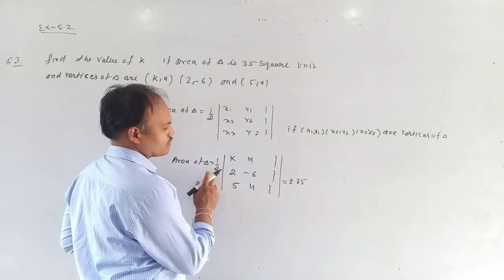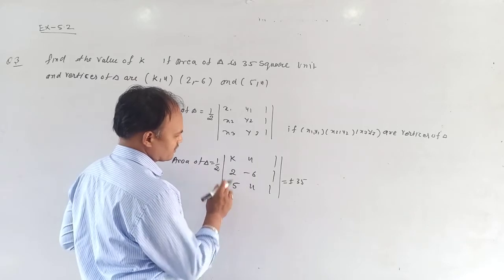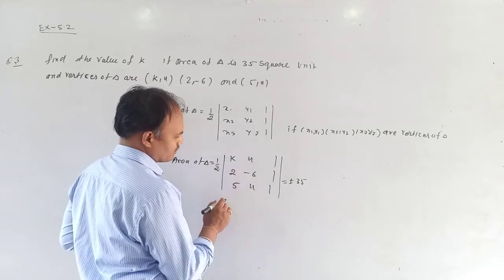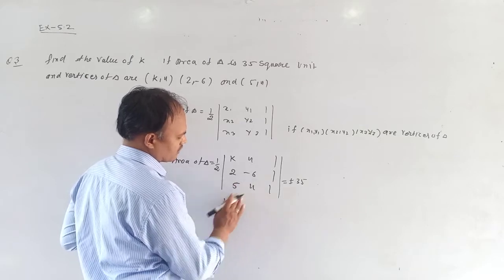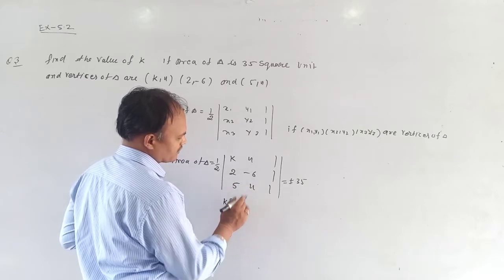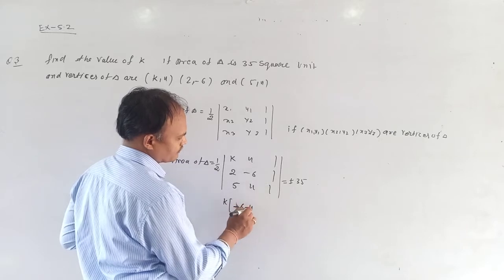Now take 2 to other side, and now we are going to solve this. So we can say that k times (minus 6 minus 4). When we are using k, this row and this column are removed, so it is minus 6 minus 4.